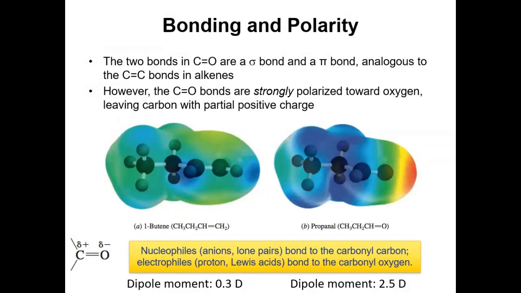If you throw a nucleophile into a carbonyl group, the nucleophile, which could be an anion or lone pairs, will bind to the carbonyl carbon.